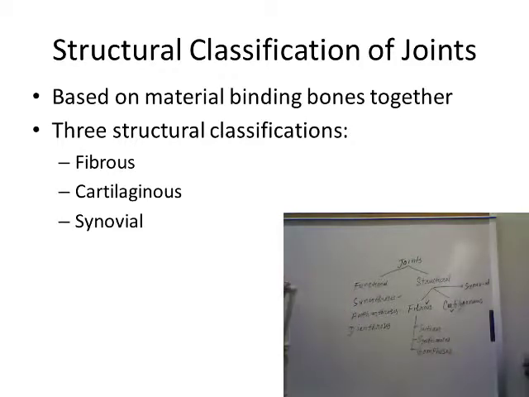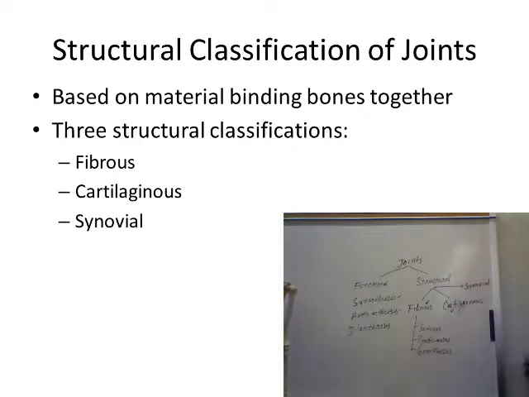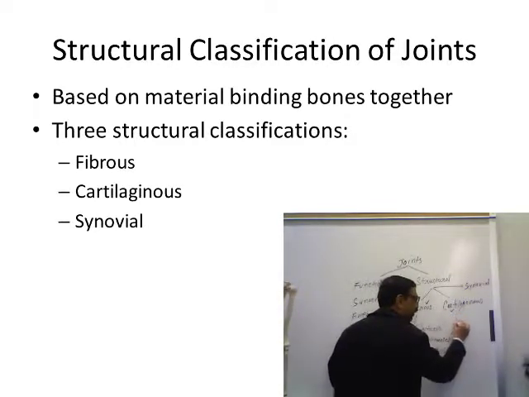So these are three types of fibrous: sutures, syndesmosis, and gomphosis. Cartilaginous, two types. What are those? Synchondrosis and symphysis. Those are two types of cartilaginous.